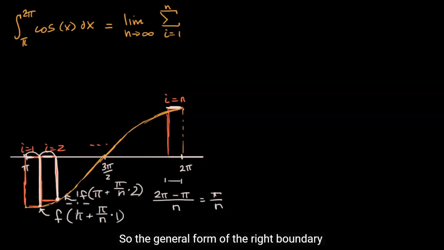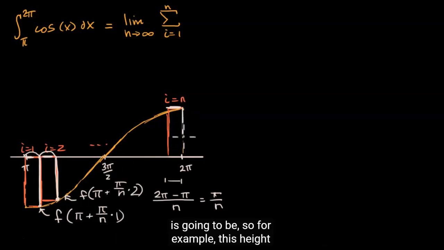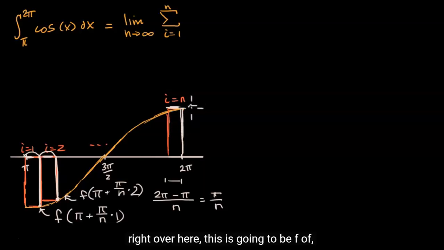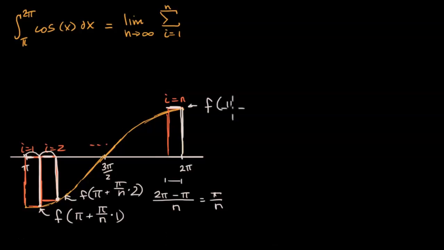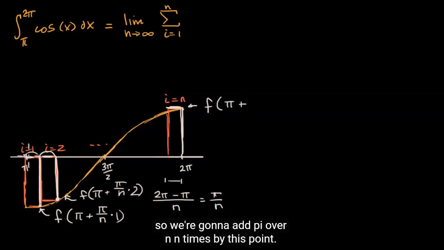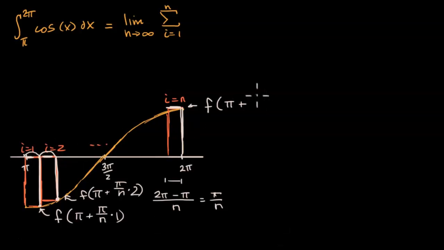So the general form of the right boundary is going to be, for example, this height right over here, f of, we started at pi, plus, since we're doing the right Riemann sum, we're going to add pi over n times n.